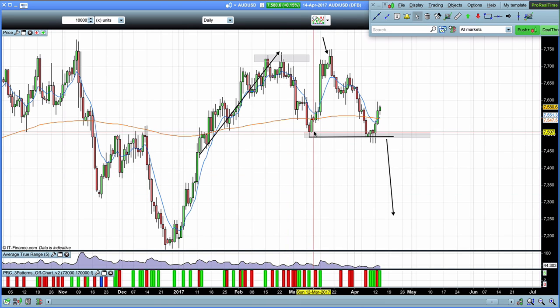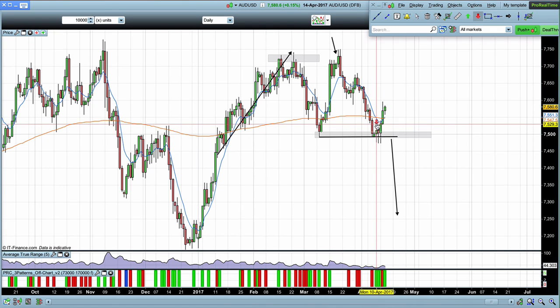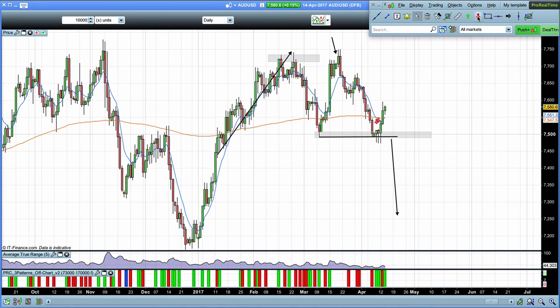Now, because that is the textbook definition, big money, smart money knows this. They know that these levels are watched by lots of traders for the breaks. So what do you see? You see the market coming down, breaking below, breaking below, breaking below.